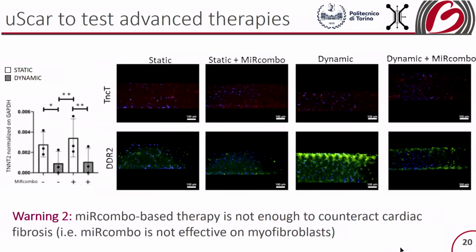Here the results were similar to the ones I showed you before and confirmed that in the presence not only of mechanical stimulation but really of a pathological environment, the efficacy of this therapy is not there anymore. So cells do not reprogram. Actually, they start to express even more markers of fibroblast-like cells. And this, of course, comes with a second warning. So this therapy is not enough to counteract cardiac fibrosis.